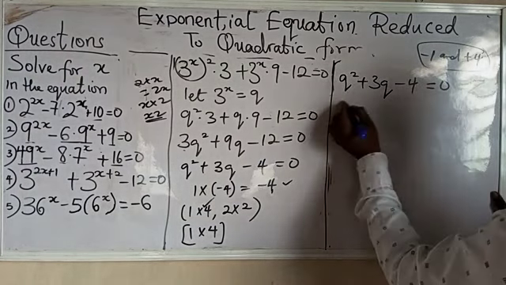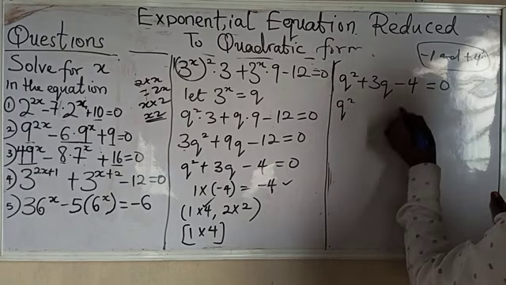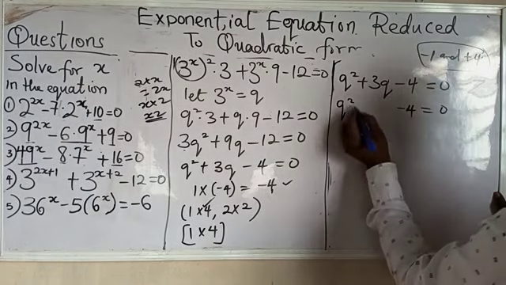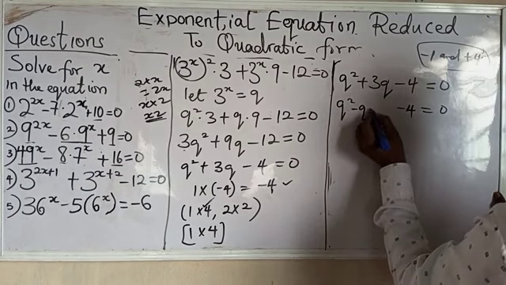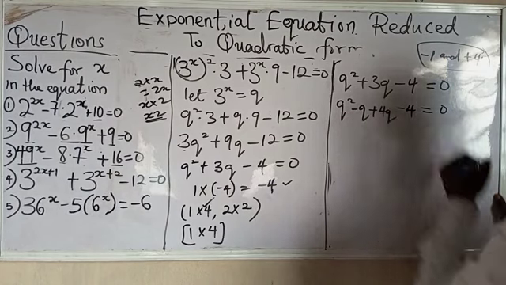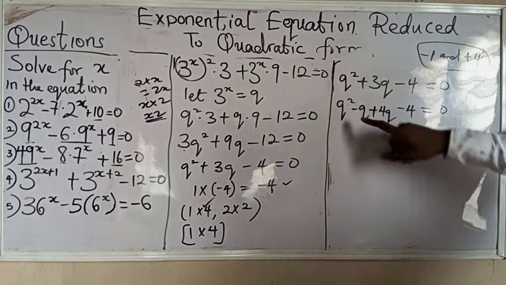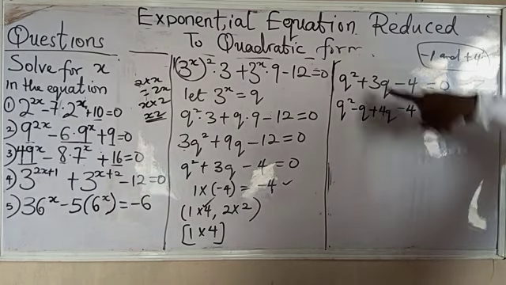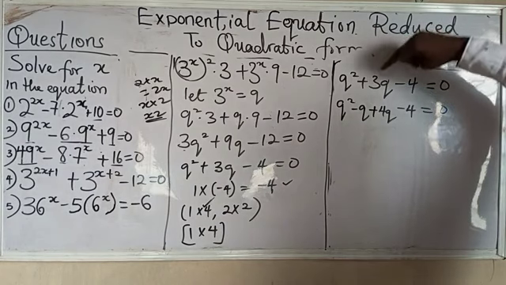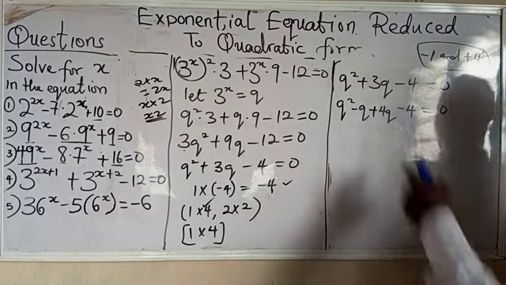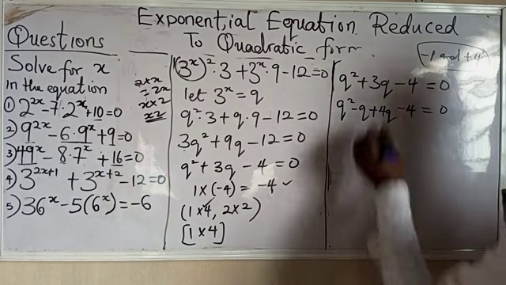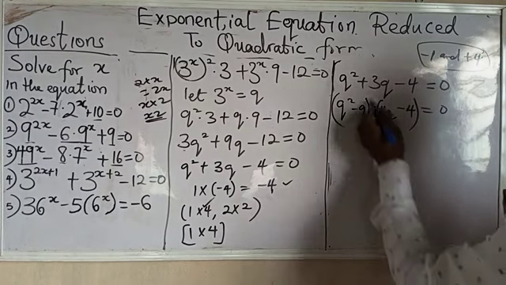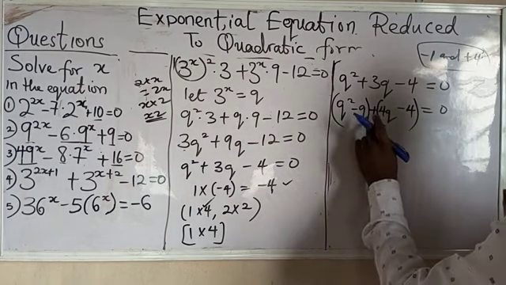From here, I will have q squared, and plus 3q will be replaced with minus q plus 4q, minus 4 equals 0. Minus q plus 4q will give us 3q, and that is why it has been replaced like that. Then the next thing I will do is bracket them in pairs.